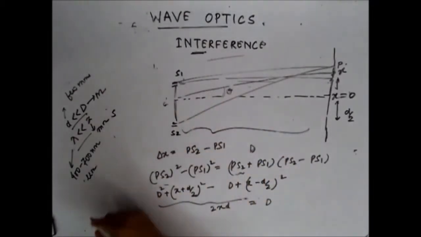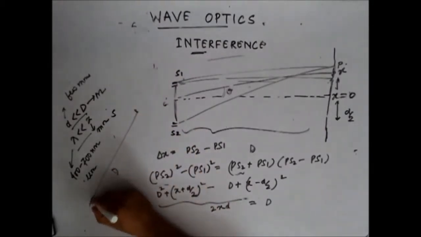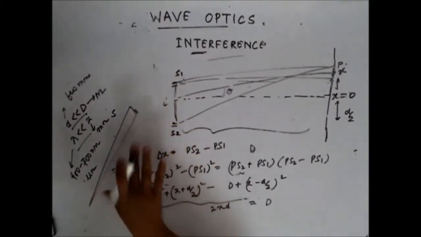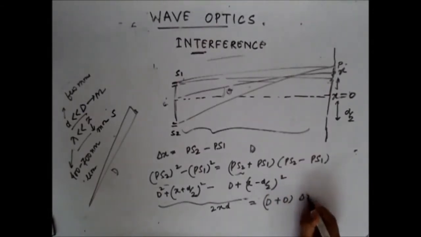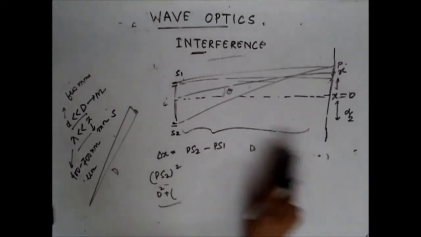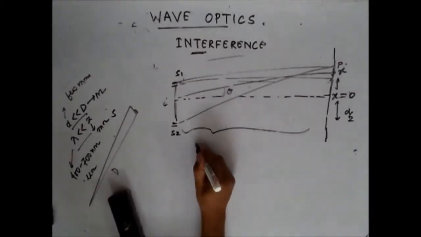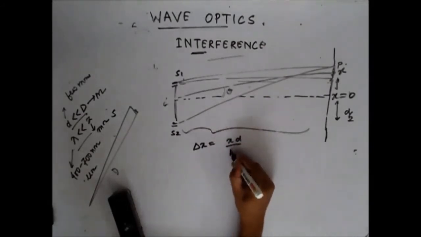Similarly PS1 is also approximately equal to capital D. So PS2 plus PS1 is about 2D, and PS2 minus PS1 is the path difference. So my delta x comes out to be approximately equal to x d by capital D. So I got the path difference as delta x equal to x d by capital D.